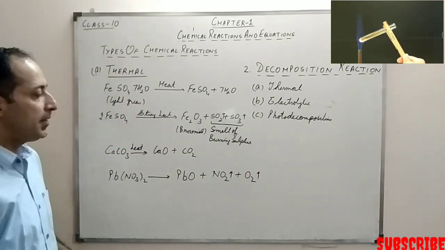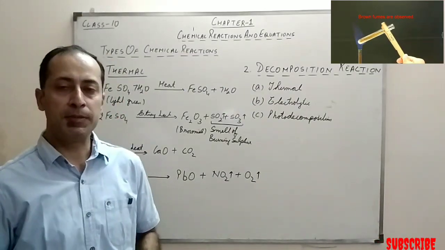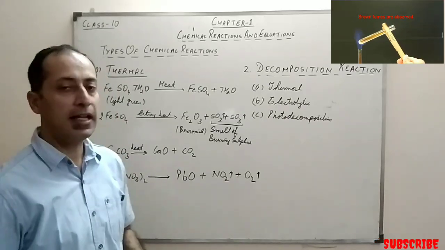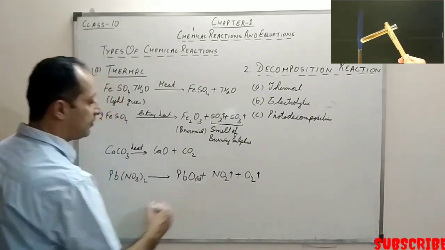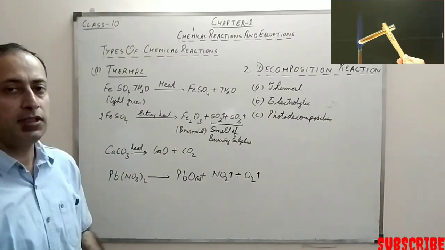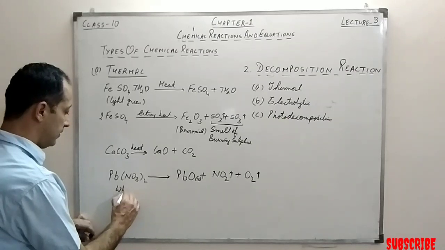Now, this arrow basically means that whenever a gas is formed, we put an arrow to symbolize that it's a gas, right? And I write S here. S means solid. So the thing which is left over is a solid, and the lead nitrate is white in color.